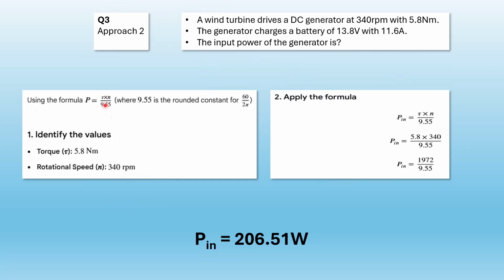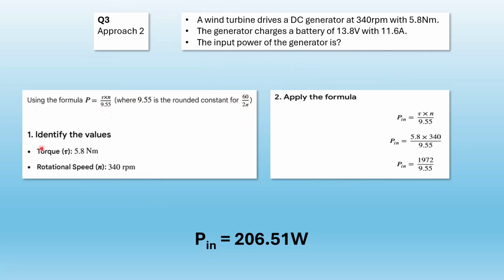You see here, that's where the 9.55 comes from in the formula we used in an earlier lesson: torque times speed, divided by 9.55. The 9.55 is 60 divided by 2 pi, but because we're taking it from the numerator to the denominator, we have to flip the 60 over 2 pi.